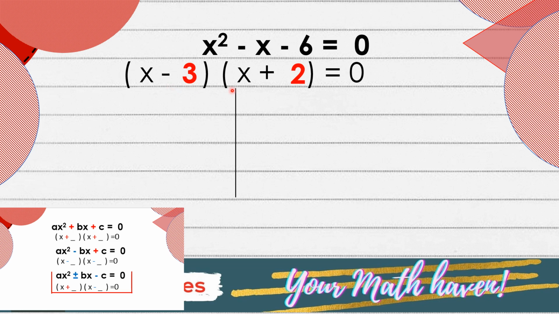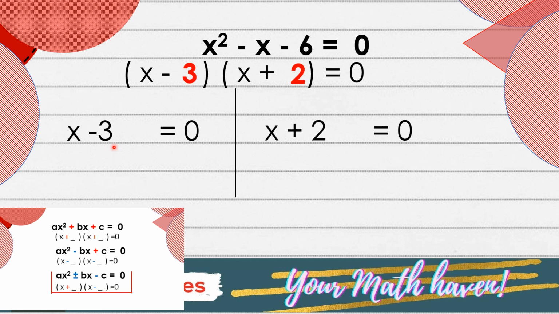Negative 3 plus 2, that is negative 1. So using the zero product property, we can equate x minus 3 is equal to 0 and x plus 2 is equal to 0.